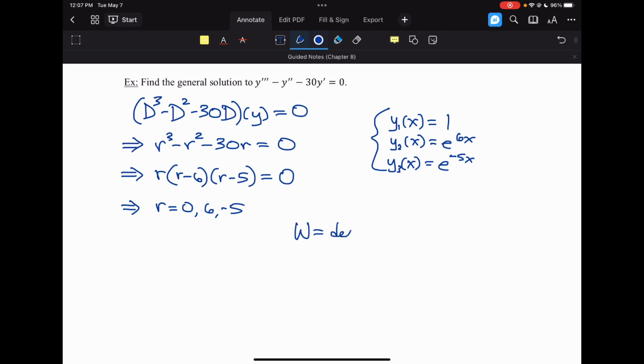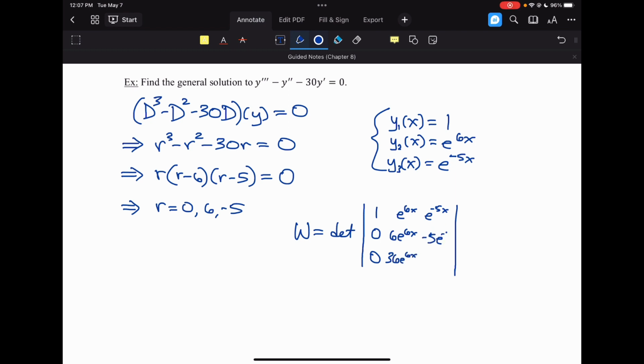Verify linear independence with the Wronskian. 1, e to the 6x, e to the negative 5x. Derivative is 0 and 0. We get 6 e to the 6x and 36 e to the 6x.